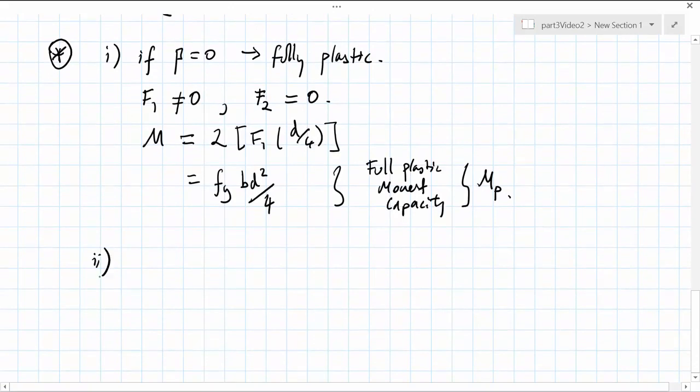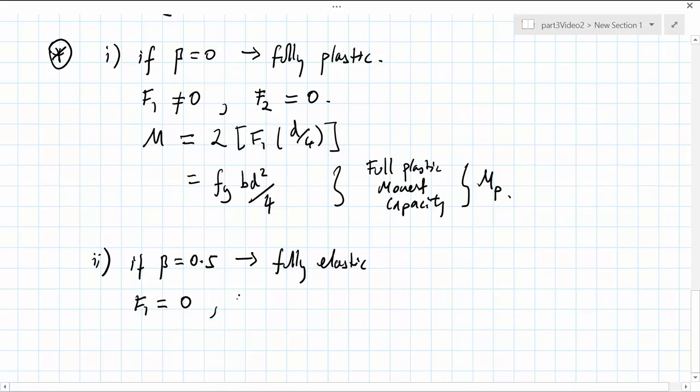The second scenario is if beta is equal to 0.5, so the section is then fully elastic. Consequently, F1 is equal to 0 and F2 is not equal to 0.